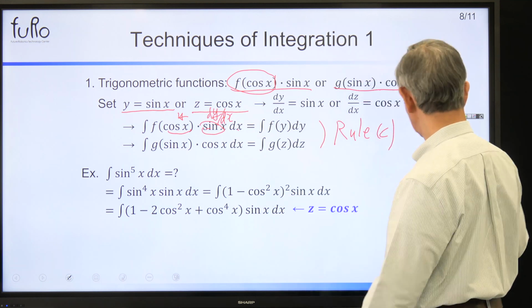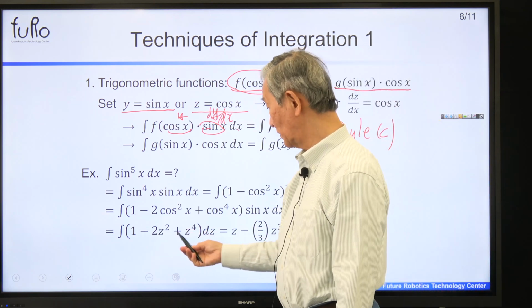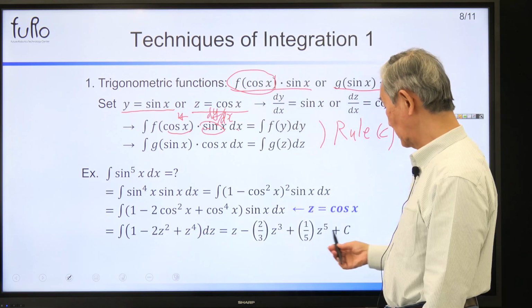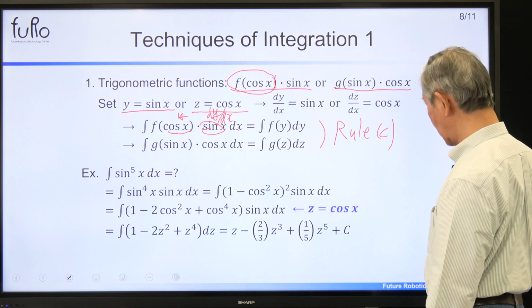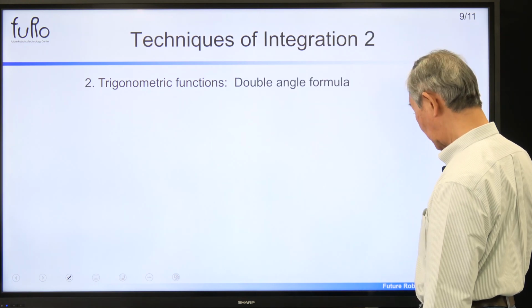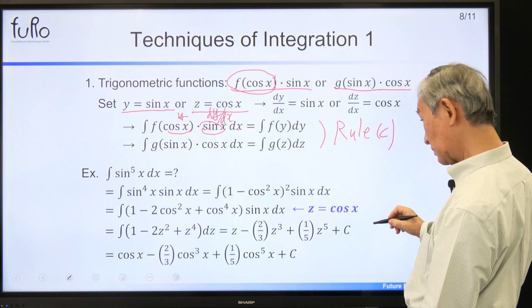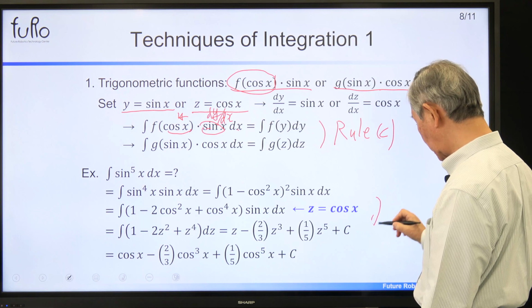Well, whichever you like. So this is 1 minus z squared, and so forth. And from here there is, I thought, sorry, I didn't write down. So, from here to there is rule C.